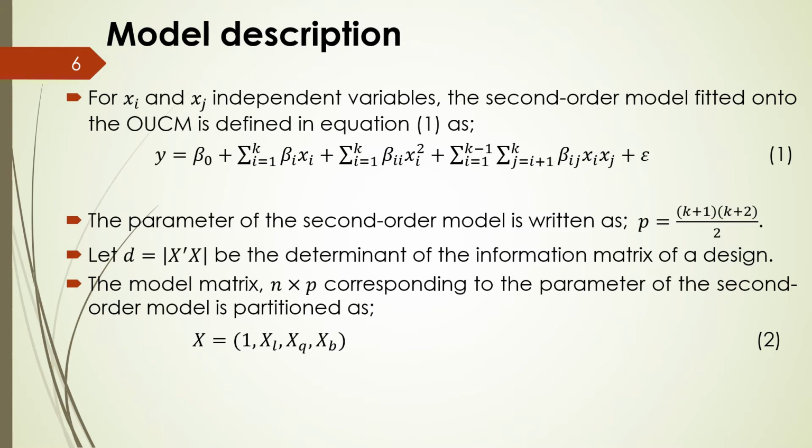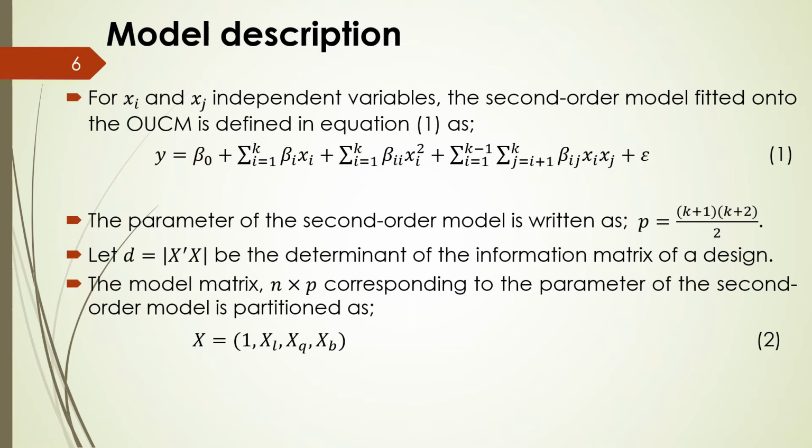Moving to the model that is considered in this work, because we are dealing with second order designs, the model we are going to be working with is the second order model as defined in equation 1, where beta naught is the constant term, beta i is the linear term, beta ii is the quadratic term, and beta ij is the interaction term. Then the number of parameters of the second order model is defined as P equals this, where K represents the number of factors.